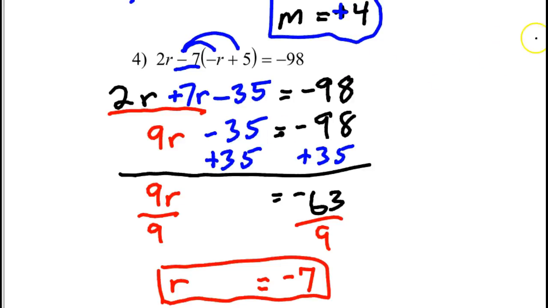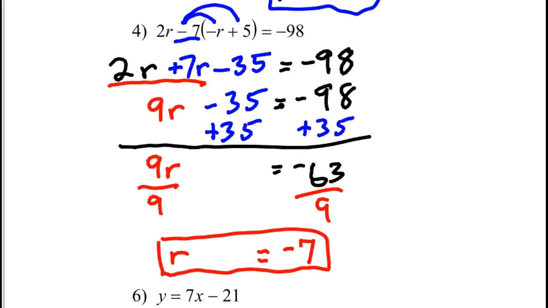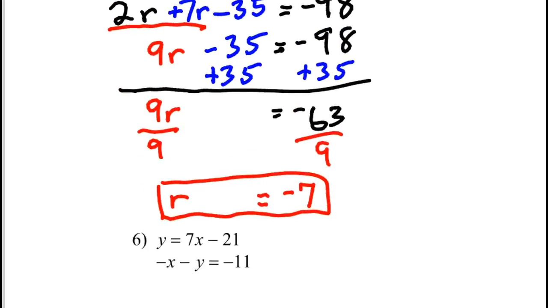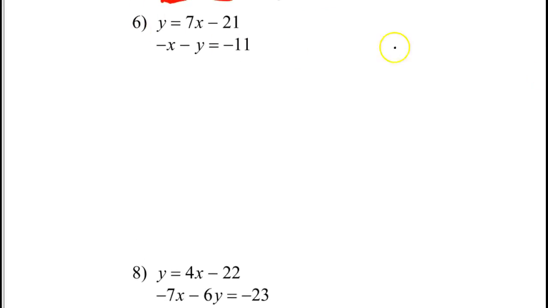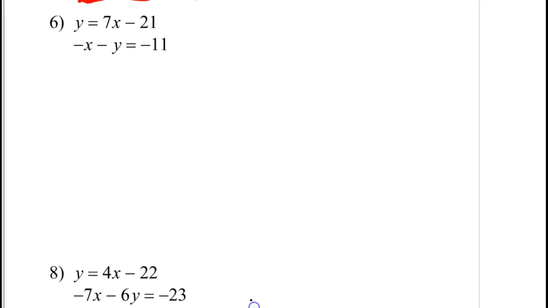So let's go down to number 6 and actually put it all together. So let's take what we've already done, start off the same way, and then we'll complete it the same way we have, just with a little more solving. So we have y equals 7x minus 21.